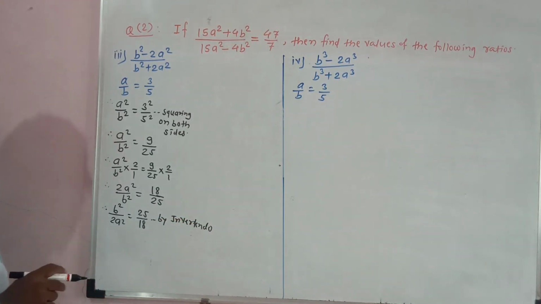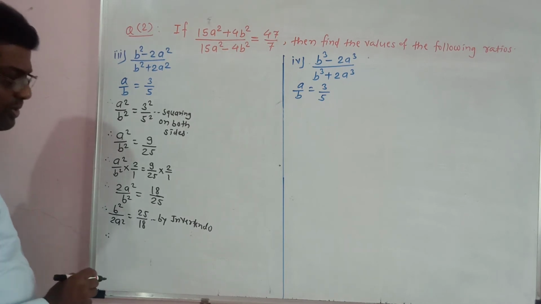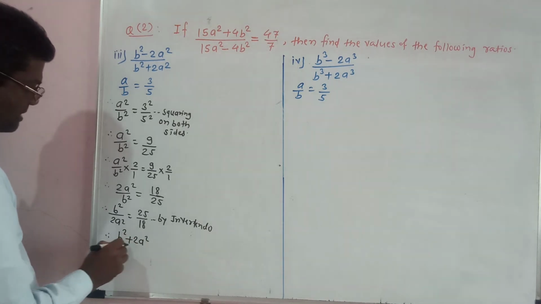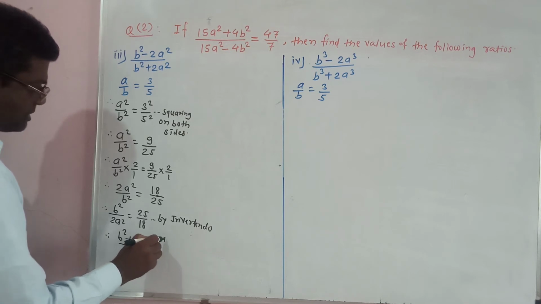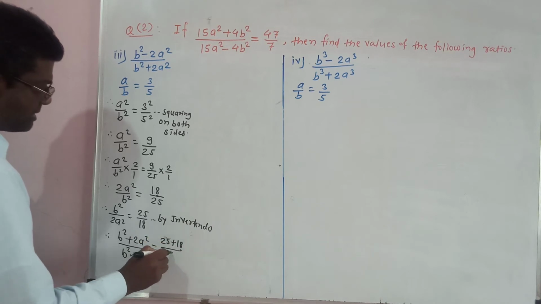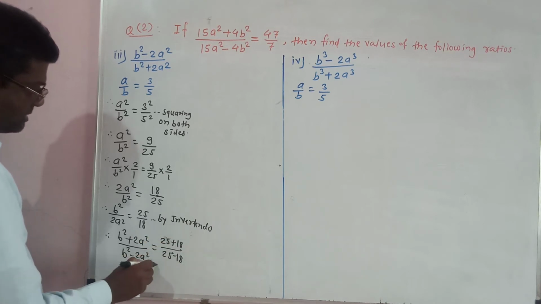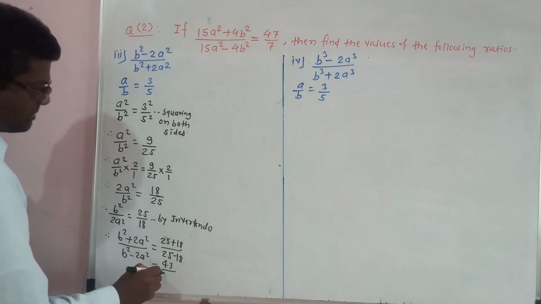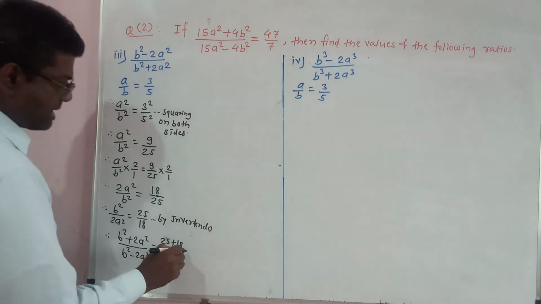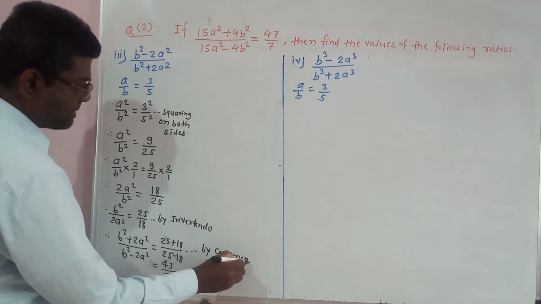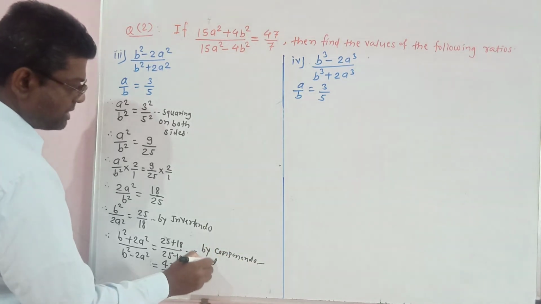Now let's see. Now take componendo dividendo, that is b square plus 2a square upon b square minus 2a square is equal to 25 plus 18 upon 25 minus 18, which is 43 upon 7, since 25 plus 18 is 43 and 25 minus 18 is 7, and here the reason is by componendo dividendo.